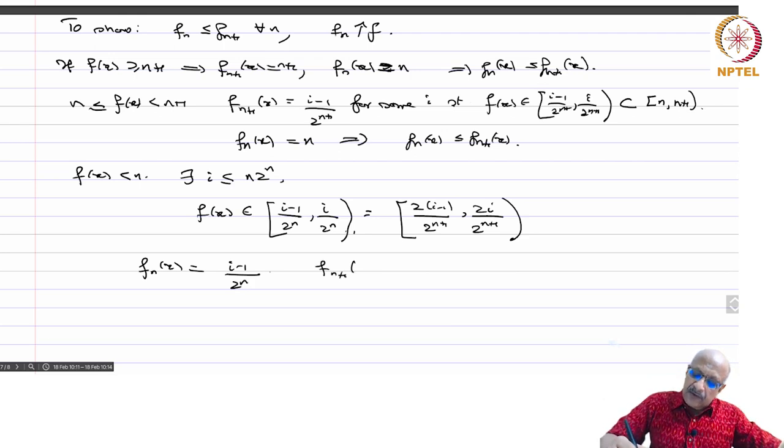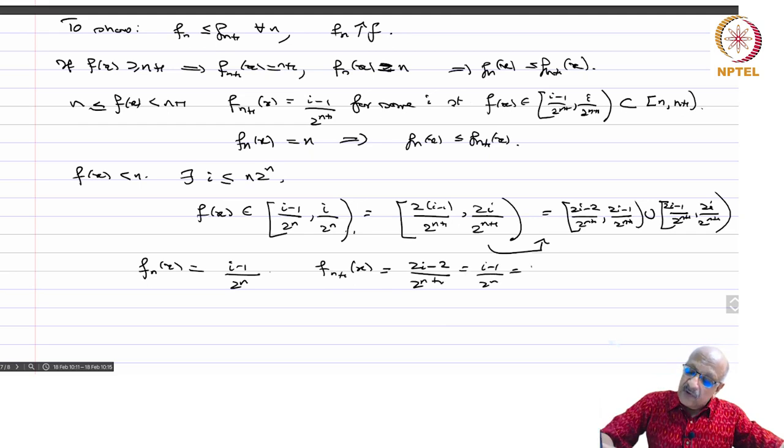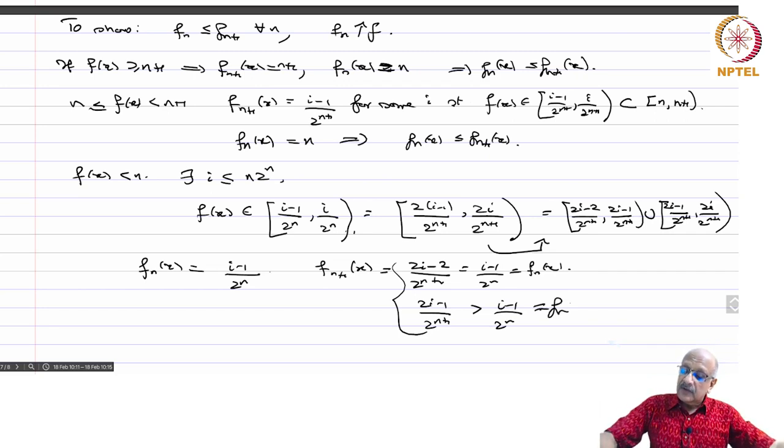What is f_{n+1}(x)? Now this interval here can be written as [(2i-2)/2^{n+1}, (2i-1)/2^{n+1}) union [(2i-1)/2^{n+1}, 2i/2^{n+1}). So f_{n+1}(x) equals either, if it falls in the first interval, (2i-2)/2^{n+1}, which is (i-1)/2^n, which is f_n(x), or it can be (2i-1)/2^{n+1}, which is bigger than (i-1)/2^n, which equals f_n(x).